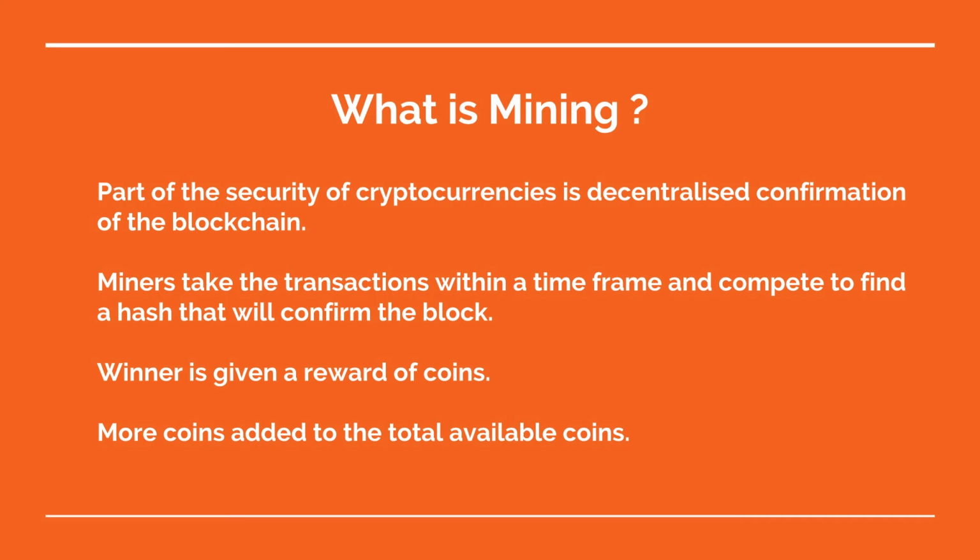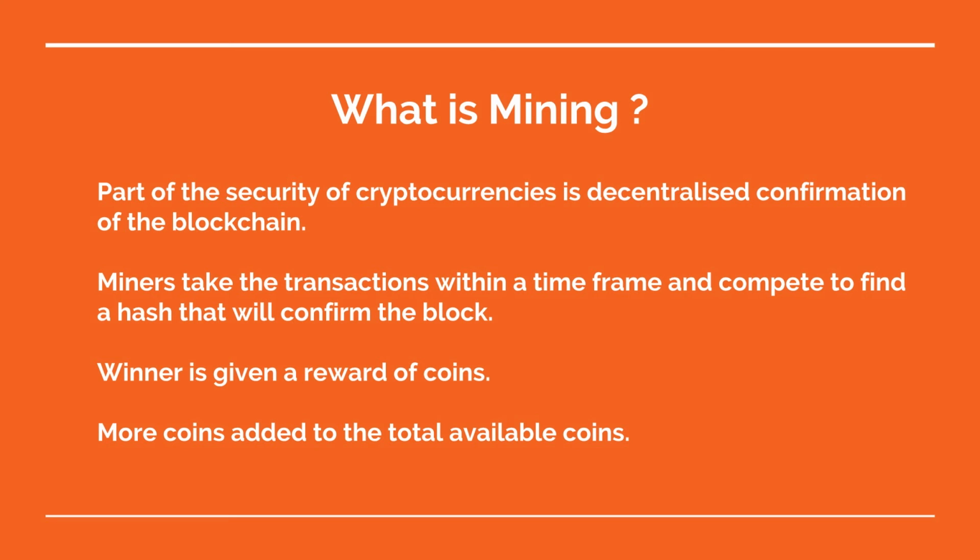The process is quite convoluted mathematically, simple yet complex, if you see what I mean. It's a simple process: the miners take the transactions within a time frame which is based upon the block time, and they compete to find a hash that will confirm all of those transactions within the block.